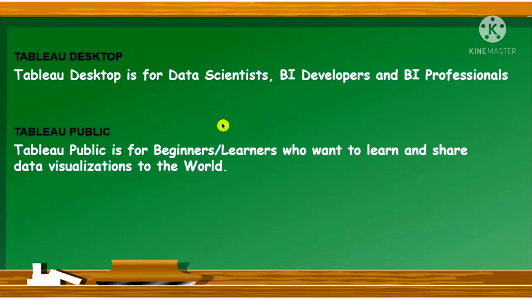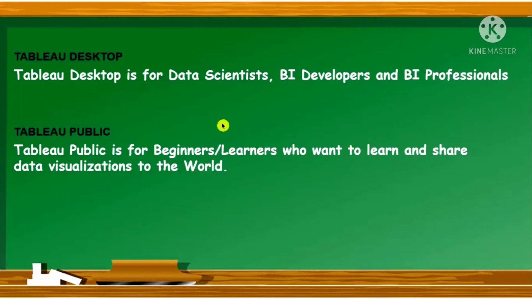But Tableau Public is for beginners or learners who are interested in understanding data and sharing those findings in data visualizations with the world, like journalists, writers, bloggers, students, and more. So these are the differences between Tableau Desktop and Tableau Public.